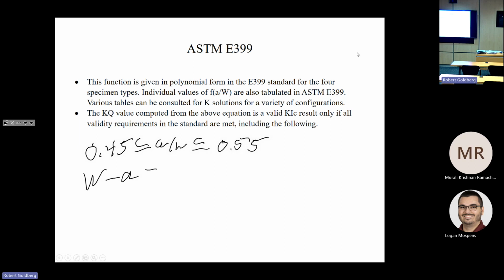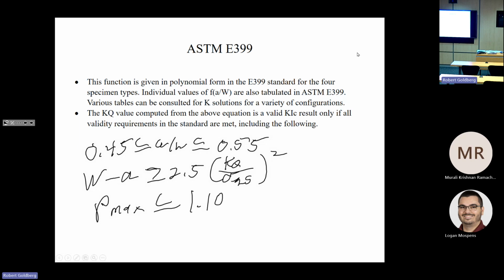W minus A has to be greater than or equal to 2.5 times your provisional stress intensity factor over your yield stress squared. And your maximum load, where your specimen cracks in two, has to be less than or equal to 1.10 times your PQ, however you defined it. So these are the validity tests you have to check.